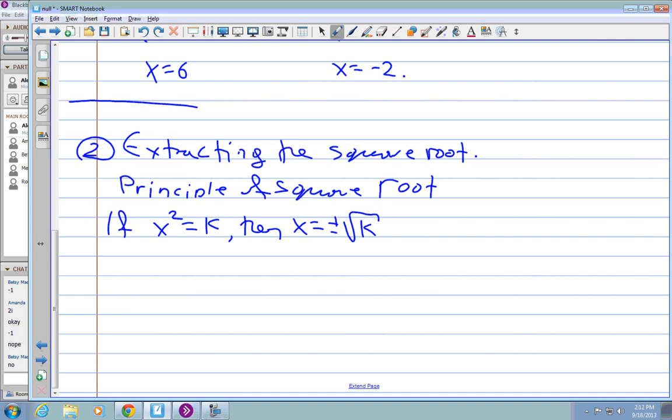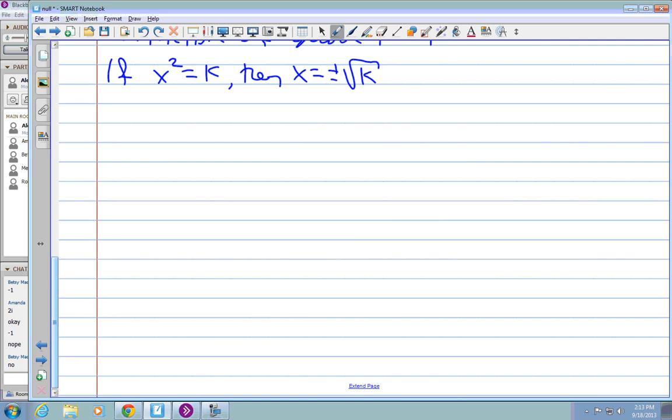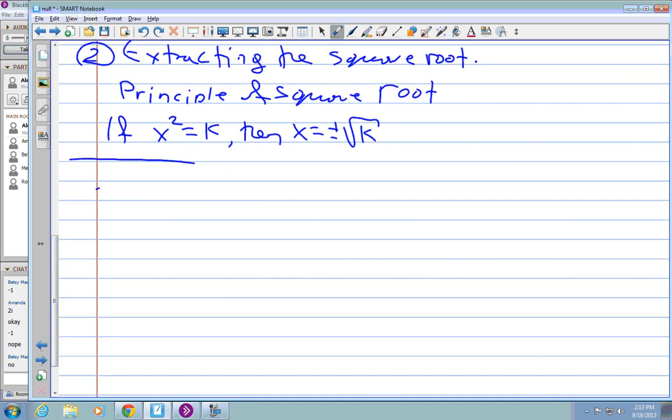So when you do that square root, you always have to remember the plus or minus. Okay? Example, and that's what you saw earlier today when I wrote x squared minus 1 equals 0, but here's an example. x squared minus 5 equals 0.